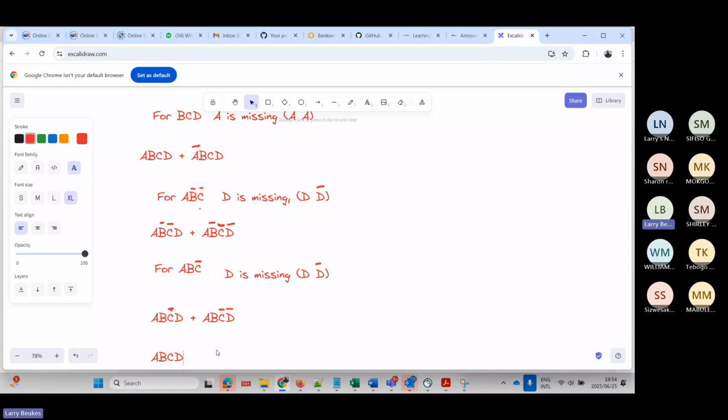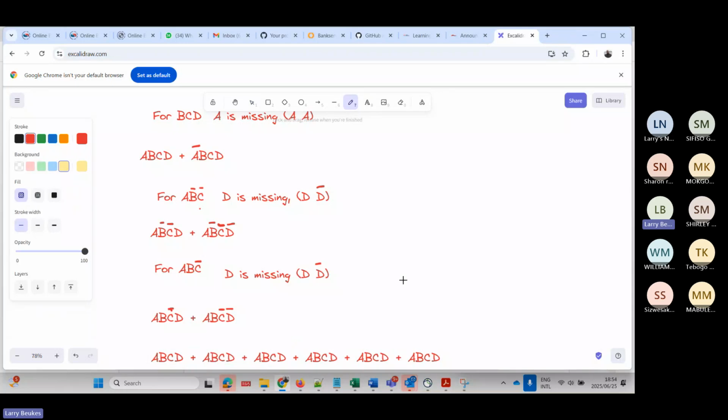A, B, C, D, and so on. Then I'm starting from the bottom: D, C, and then not C here.